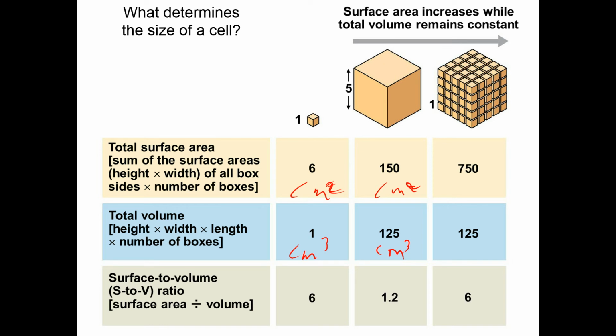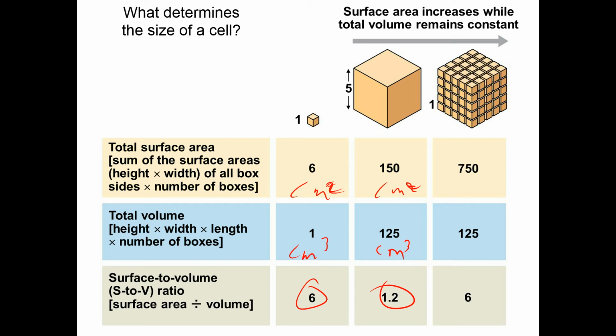So you're left with 1.2 as your surface to volume ratio. Now notice that you've increased the size of the cube, but when you compare the surface area to volume of these two cubes, the smaller cube actually has a greater surface area to volume ratio than the larger one.